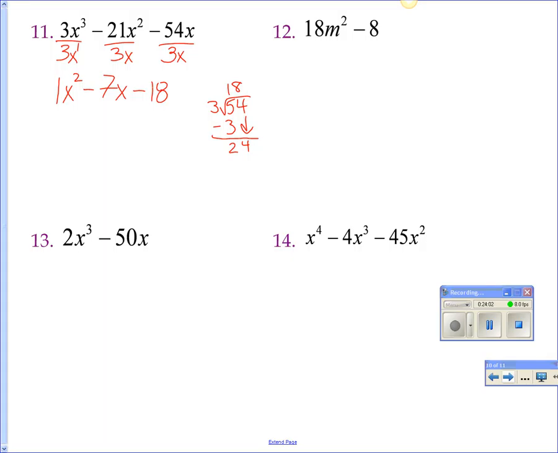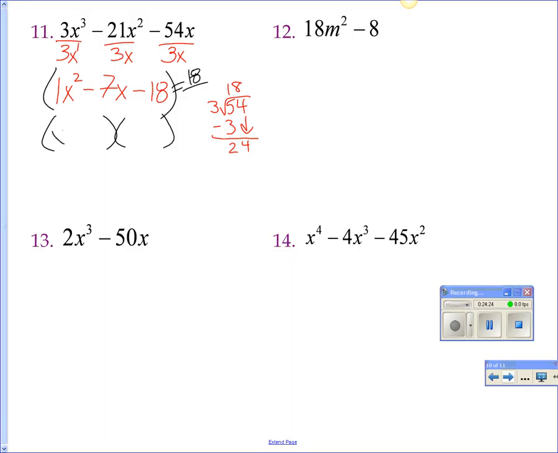All right, Chad, what do I need to do next? Okay. Then what? So he's saying you got to kick out the 18 because it's a trinomial.